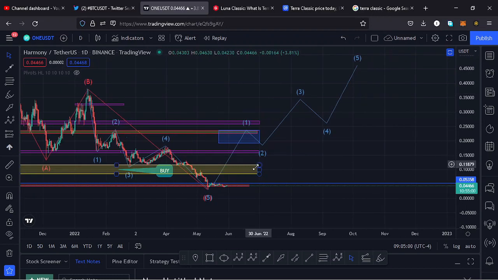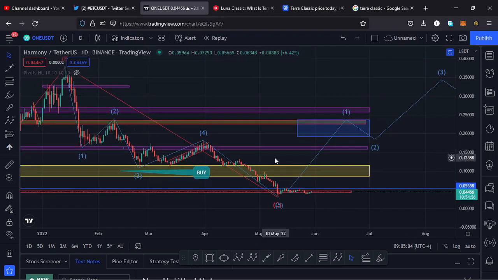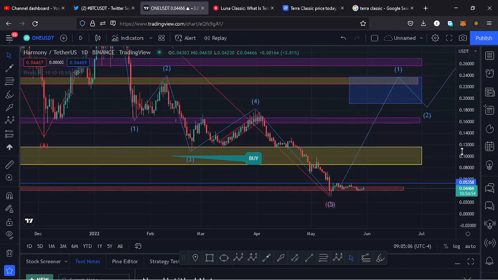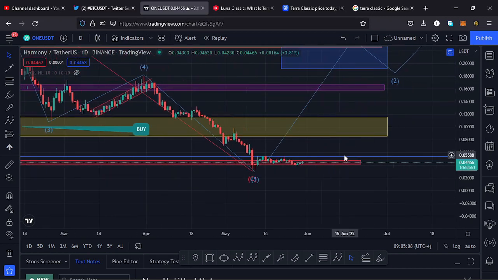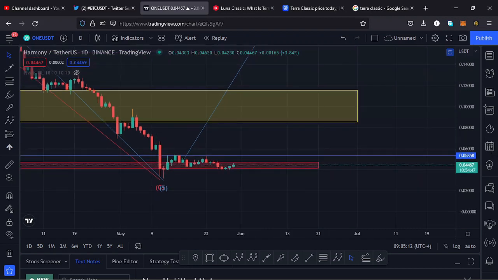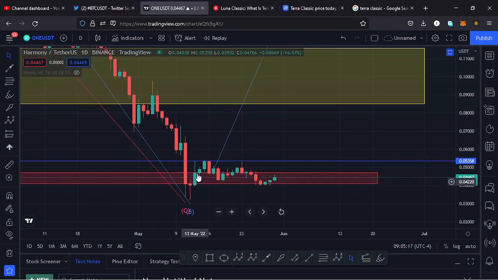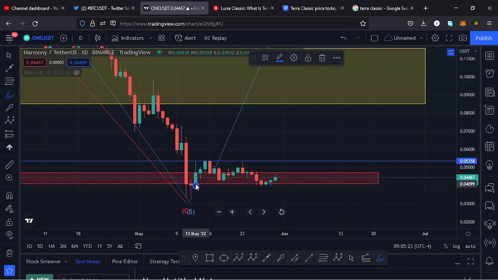I also want to have a look at a key pattern that has formed on this chart, on the daily chart, and also have a look at it on the 4-hour chart where you can nicely see it. So here we have the formation of a double top, and this is the pattern from this area here going up that way, forming an M pattern over here.